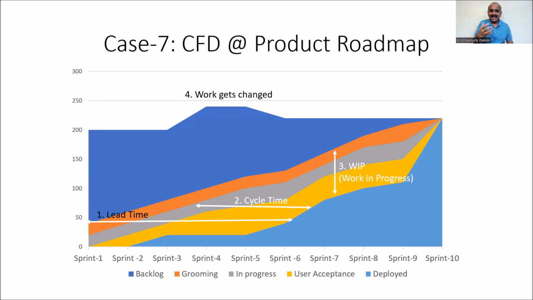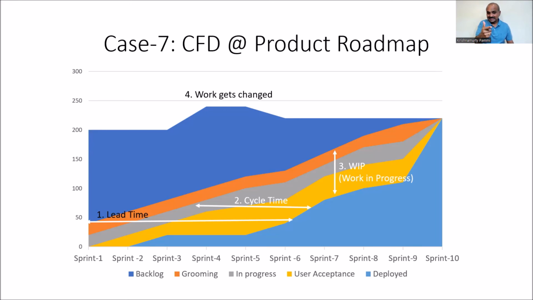You are actually having a visual representation of the flow of different features through their different phase gates like backlog, grooming, in progress, user acceptance testing, and deployed. And how the flow is happening, you will have a view and you're able to represent it to the stakeholders, and everybody, by just looking at the graph, they will take their own points.